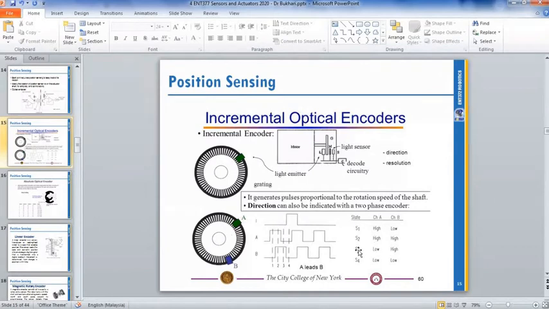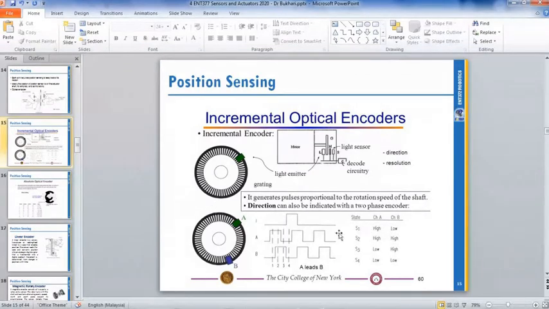And then state 3, vice versa: sensor A low, sensor B high, and then low. If you see a sequence like this, you can conclude that the robot rotates clockwise.